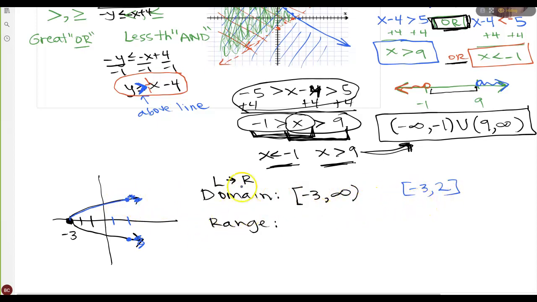And then the range, you're looking at it from bottom to top. So I'm just saying, how far down is this going to go? If it had the arrows on it, it would be -infinity to infinity, because it's going to go down forever and it's going to go up forever.